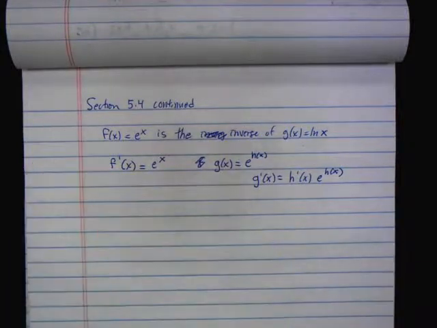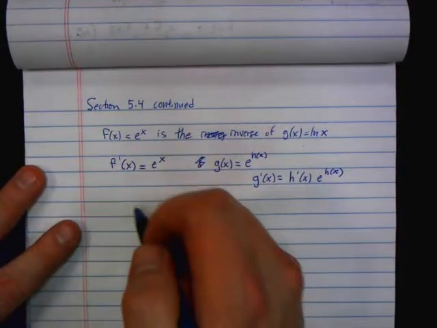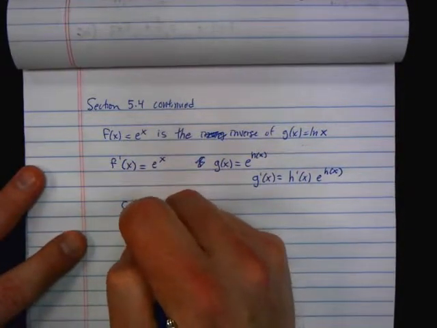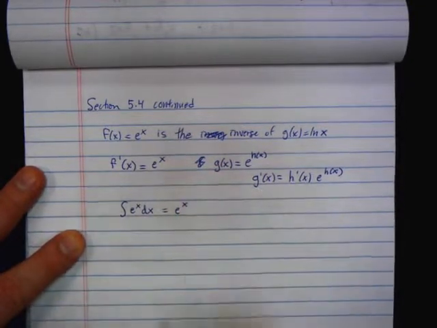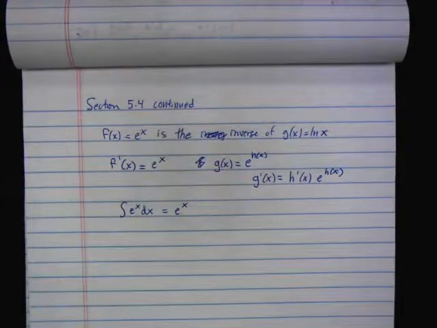And I think we did a bunch of examples with product rule, quotient rule, finding minimums and maximums last time. And we also talked very briefly about the integral of e to the x is e to the x.